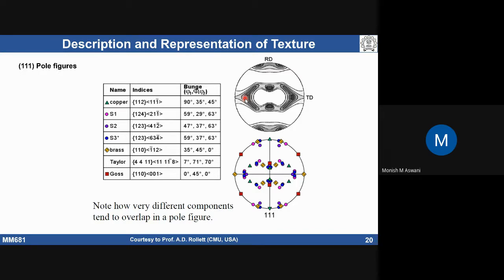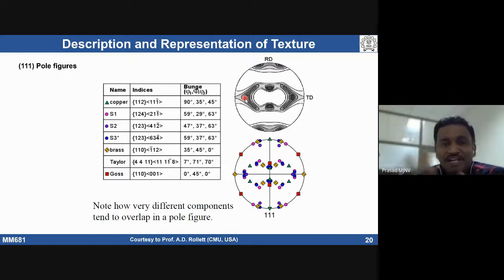So we cannot quantify it. At least qualitatively, you can say that a particular texture component is getting stronger. If you just connect these triangles, it gives this kind of shape, and typically people say it's a copper component, but we have to be very cautious.